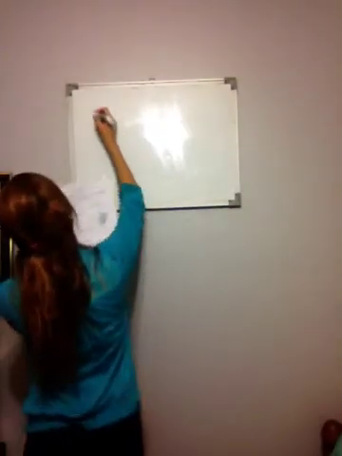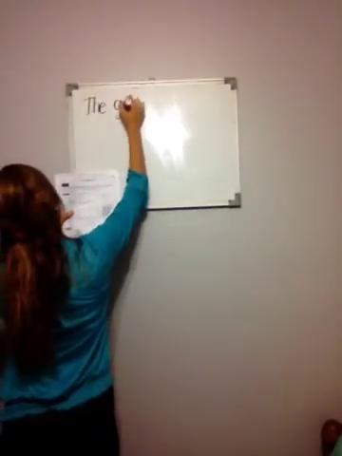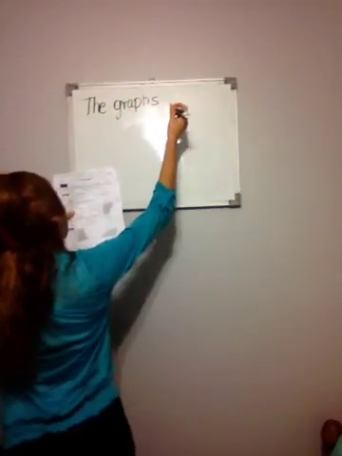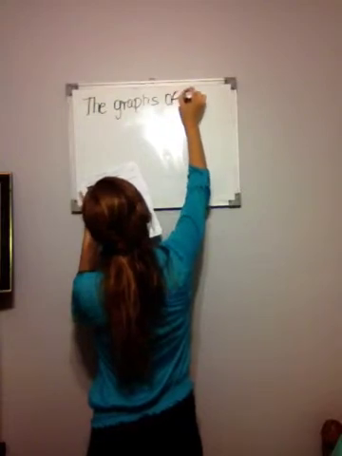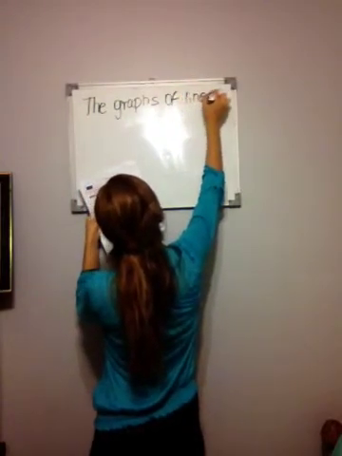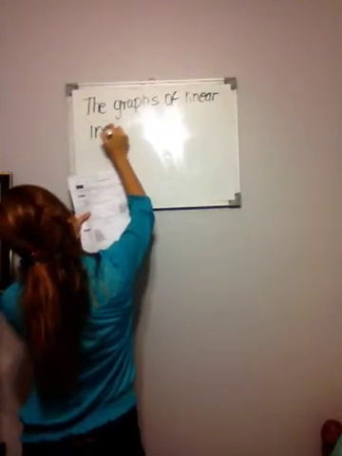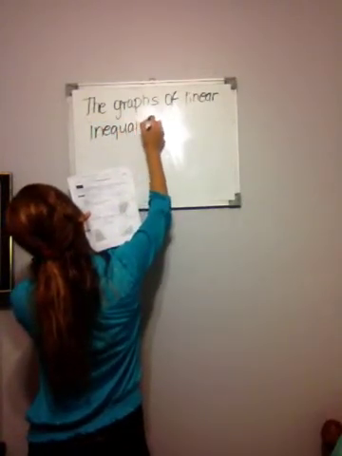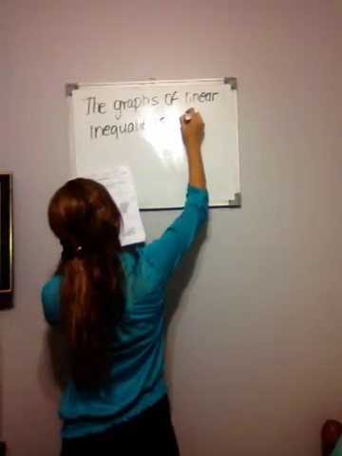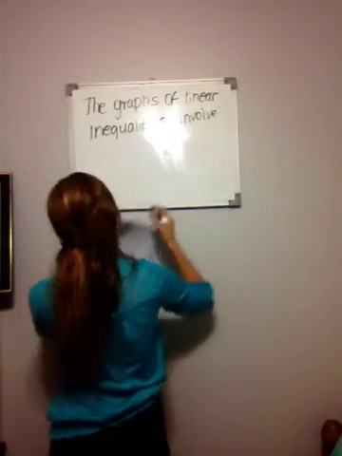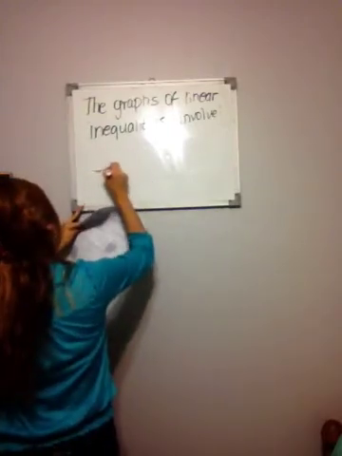Okay, for the next definition, it says the graphs of linear inequalities involve two things. So it says the graphs of linear inequalities involve, and they involve two things.